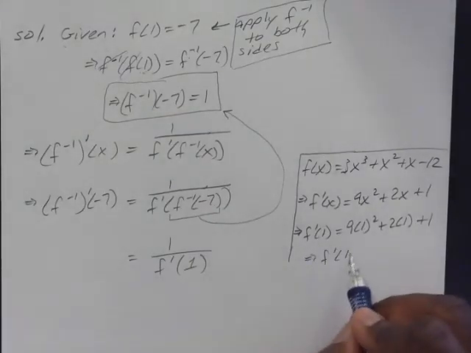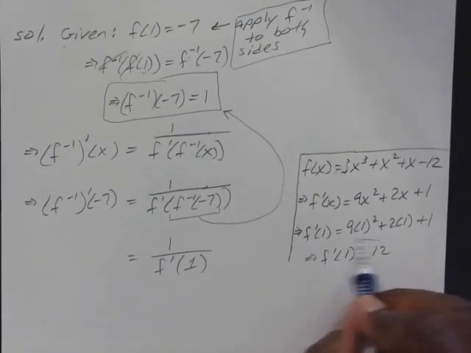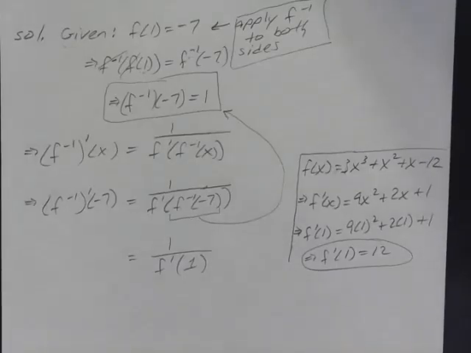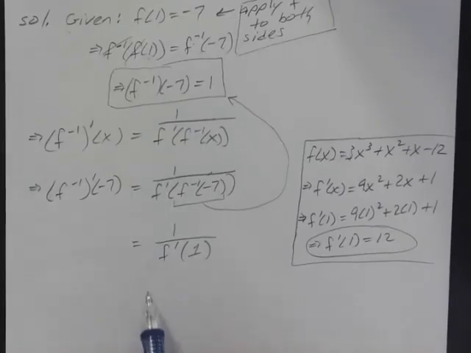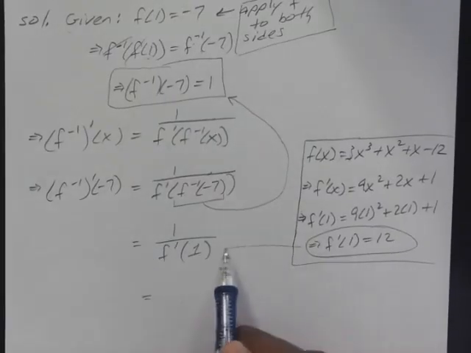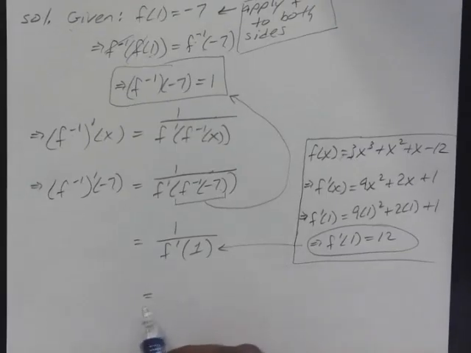So f prime of 1 is equal to 12. So that means our answer, once we replace our f prime of 1, is just 1/12.